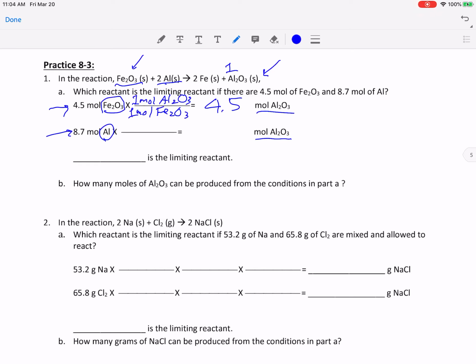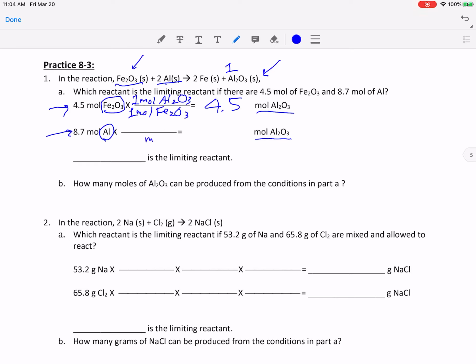How about the aluminum side? So 8.7 mole of aluminum, then the conversion factor from the... okay, so that's wrong, I wrote it too fast.